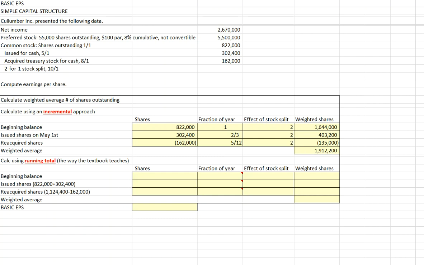We're now going to consider the same calculations using a running total or a running balance calculation, the way the textbook presents it. We again begin with the shares outstanding on January 1, and we had 822,000 shares outstanding. Again, we're going to need to multiply all of our calculations for our 2-for-1 stock split. These shares were outstanding for basically 1/3 of a year, or 4 out of 12 months, because new shares were issued on May 1st.